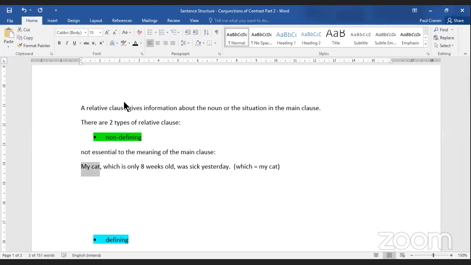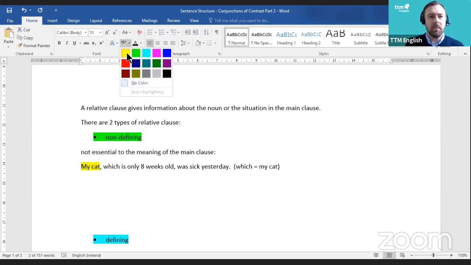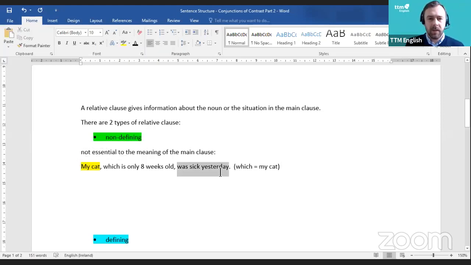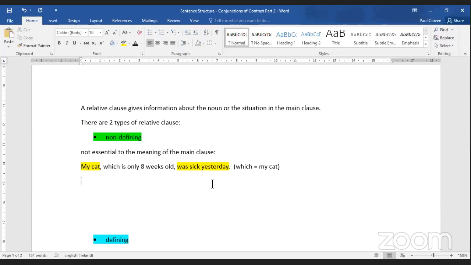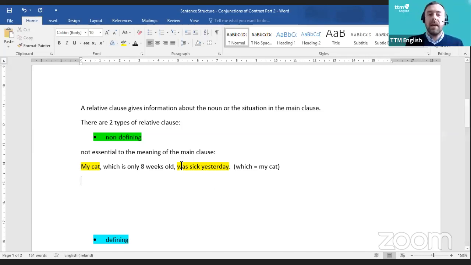Okay. So we're going to make the main clause yellow. If I say my cat was sick yesterday, do you understand what that means, Kevin? Yes, sir. That makes sense, doesn't it? Yes. But then I just wanted to give you a little bit of extra information. It's useful information, but it's not essential. You don't absolutely need it in order to understand what the main clause means.